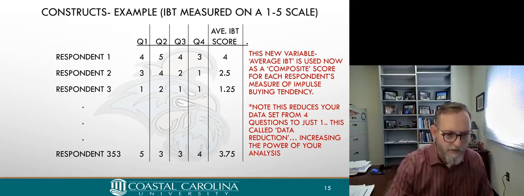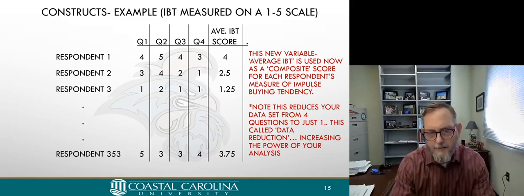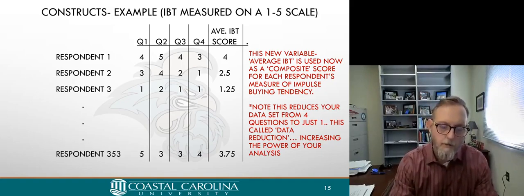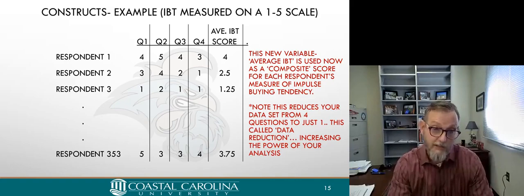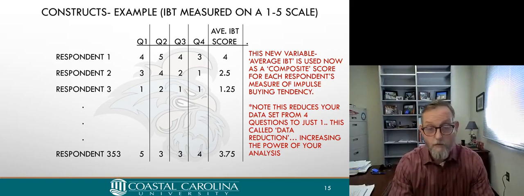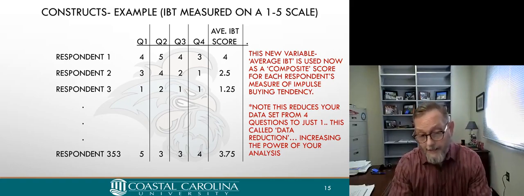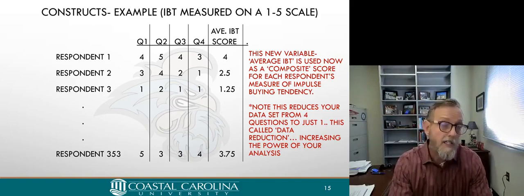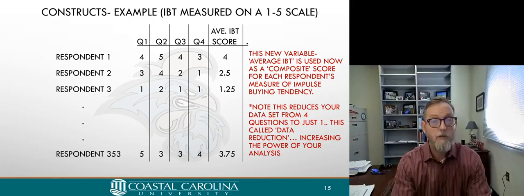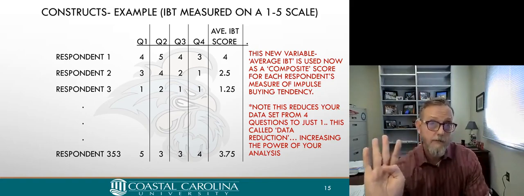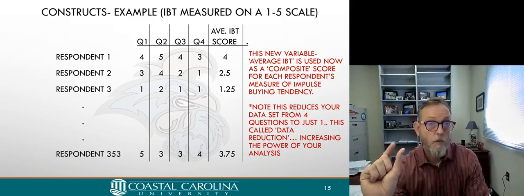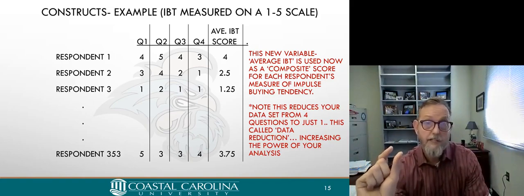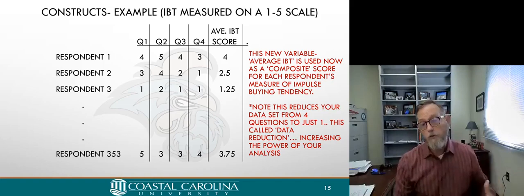One key benefit is something called data reduction, because moving forward in analysis, we will simply use the composite score as the score for impulse buying tendency in this research. In other words, we're taking the 4 items and reducing them down to 1 item, the average for each respondent.